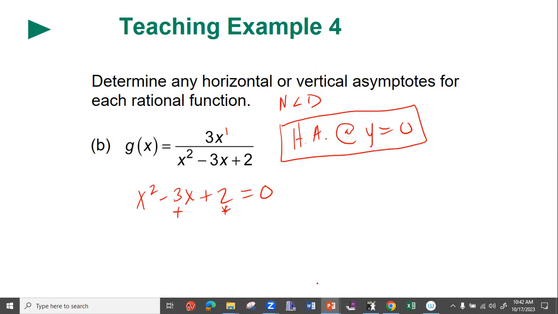If you set -1 and -2, winner, winner, chicken dinner. Because x minus 1 times x minus 2 is what that factors to. A negative times a negative is a positive, and a -1 plus a -2 makes a -3.